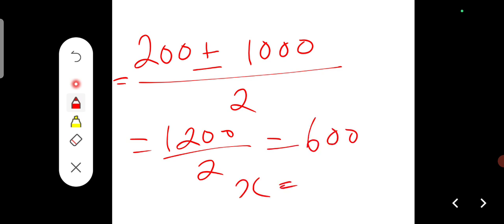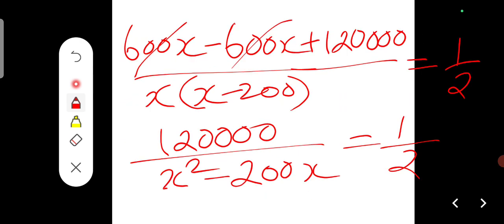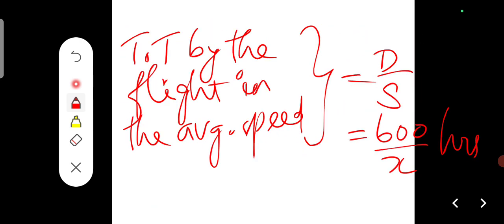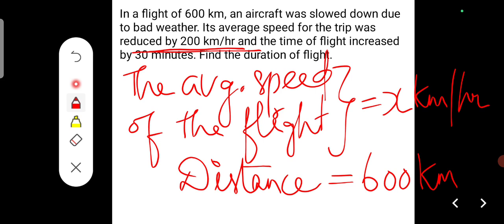So x is equal to 600 kilometer per hour. What is x? The average speed of the flight, right? Average speed of the flight is 600 kilometer per hour.